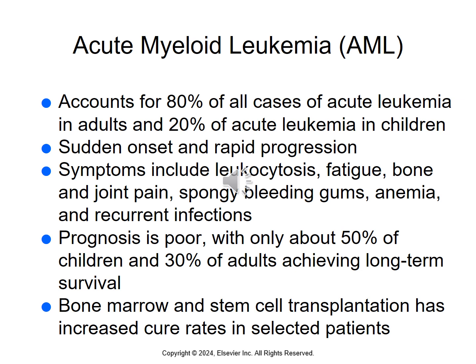Prognosis is poor, with only about 50% of children and 30% of adults achieving long-term survival. Bone marrow and stem cell transplant has increased current cure rates in selected patients.